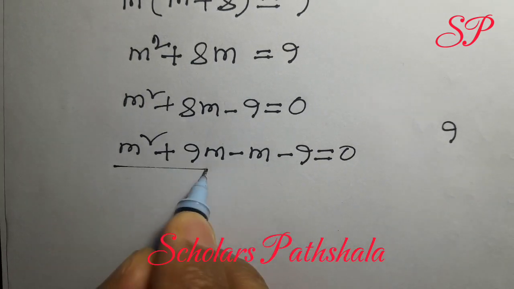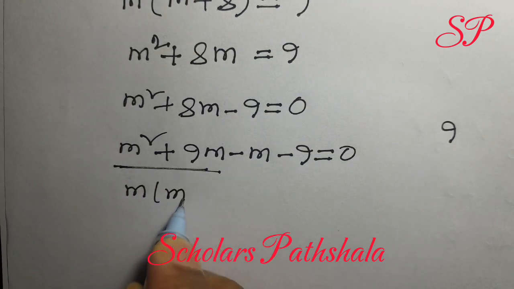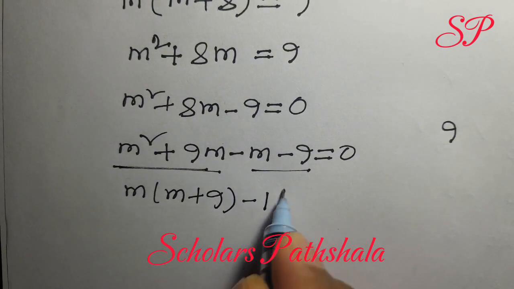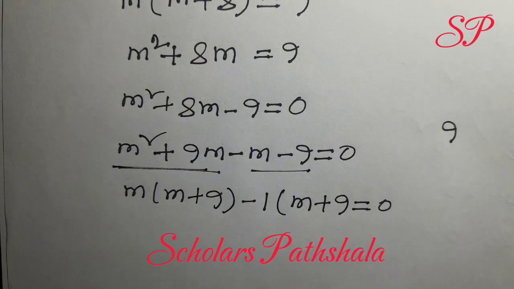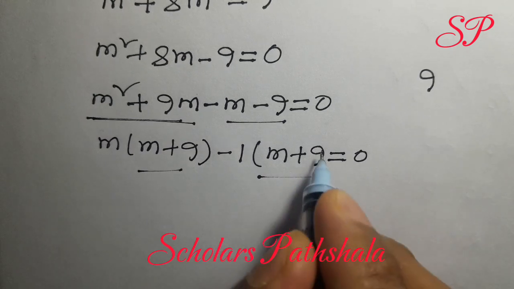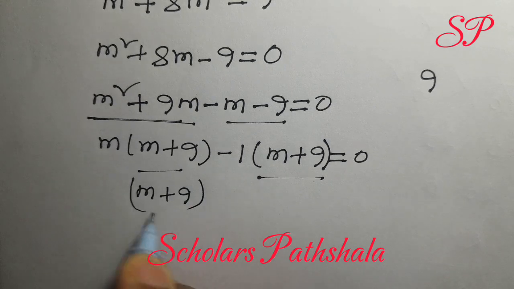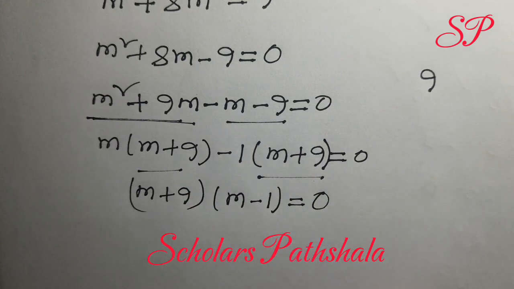Okay, then from this part m is common, and from this part minus 1 is common, so m(m + 9) minus 1(m + 9) is equal to 0. Here m plus 9 is common, so (m + 9)(m - 1) is equal to 0.